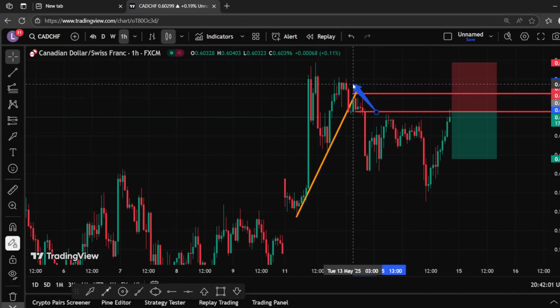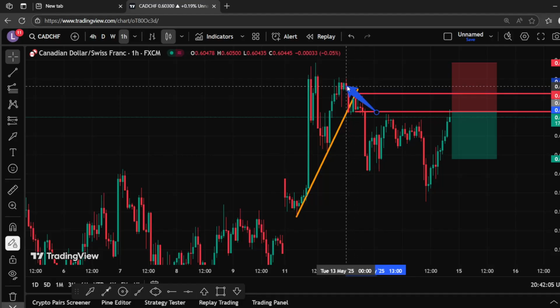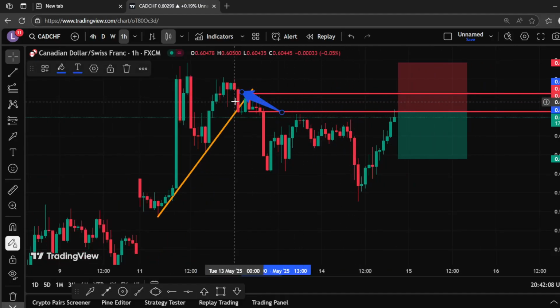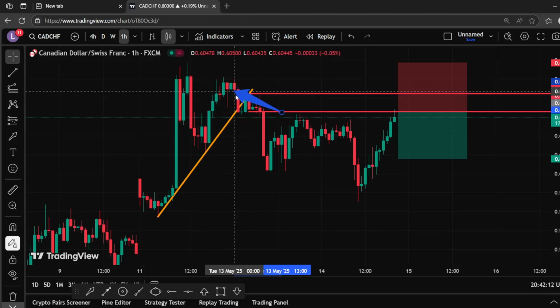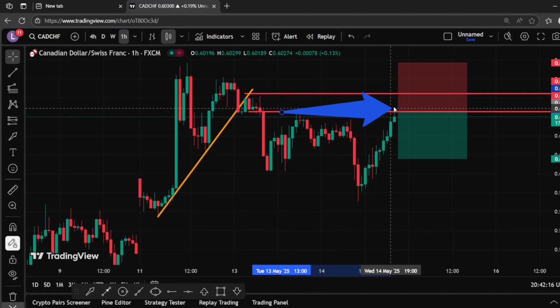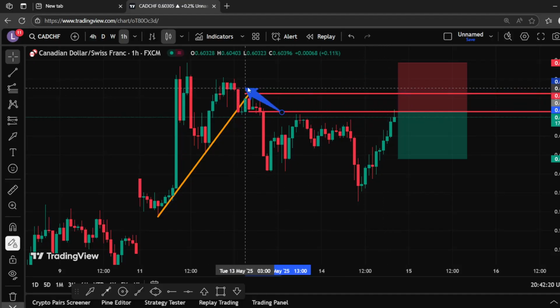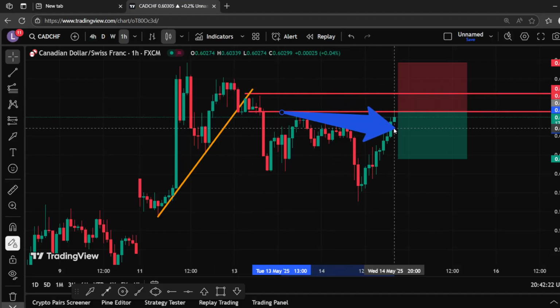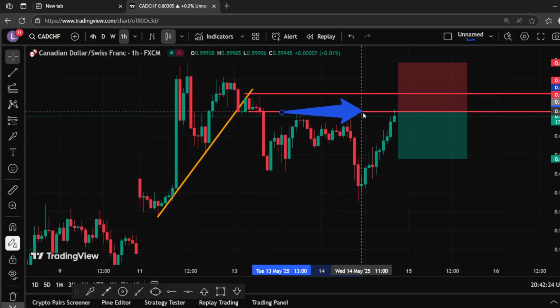Okay, also this is a supply zone right here. Also, this here is a supply zone. Yeah, so I'll zoom that for you. So this is a rally base drop. Yeah, so there's a possibility that they will run this zone and then grab the supply zone to the downside. It's a possibility also. So that's where my stop is right there.